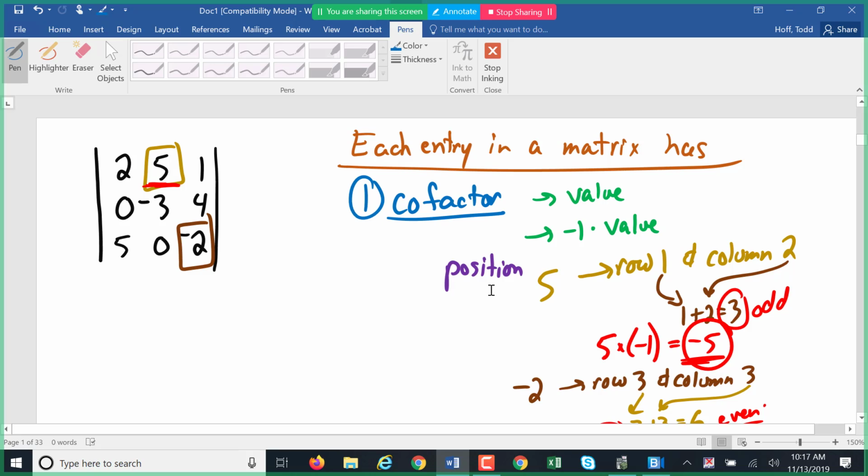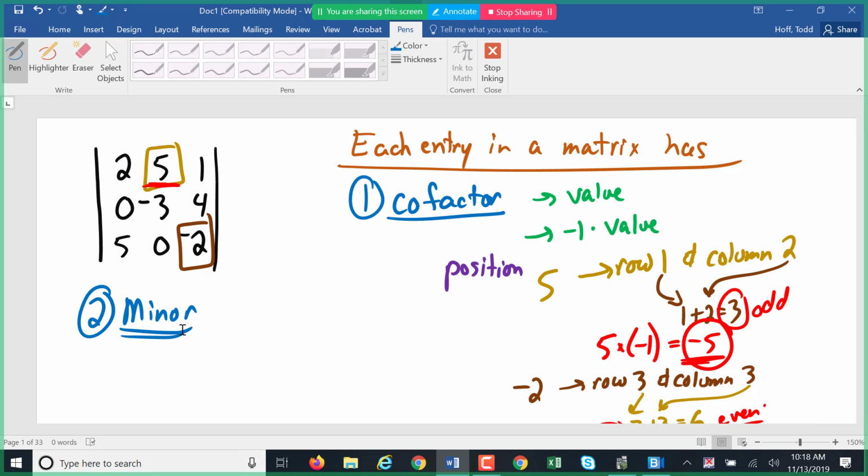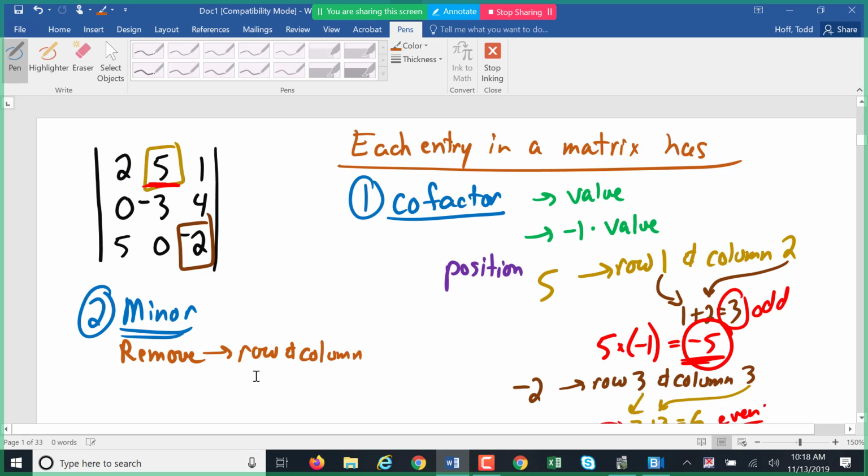The second thing that each entry has is a minor. A minor is a reduced form of the whole matrix. It is reduced by removing the row and the column of the entry.